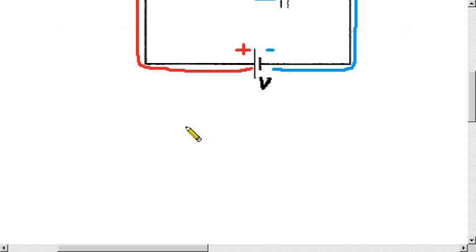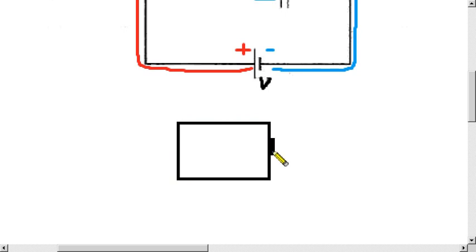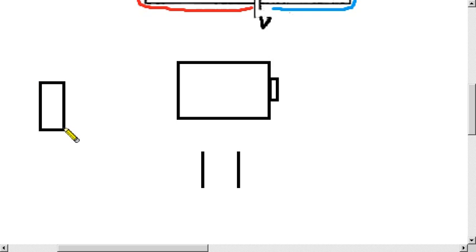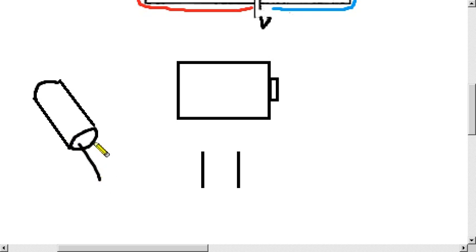You know, if this one is a battery, and this one is the capacitor, normally if you buy a capacitor from an electronic component shop, the capacitor looks like this. It's a small sort of cylinder. There are two terminals like this. One is called negative, the other is positive.